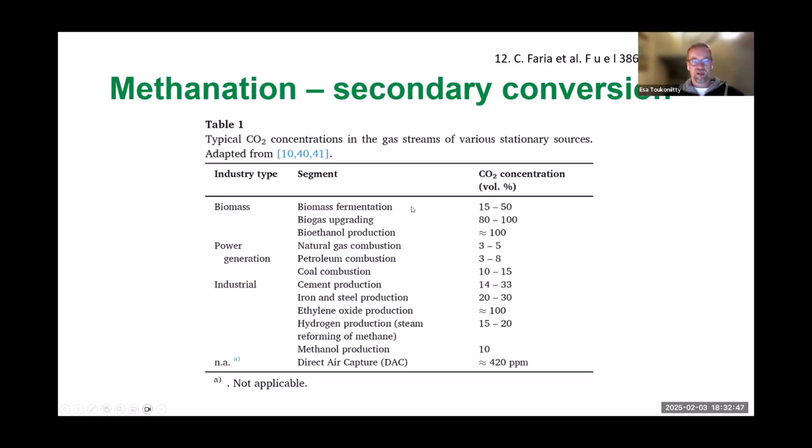And here are other examples of processes or industries that emit or produce carbon dioxide. In this sense, the carbon dioxide produced would be collected and utilized as raw material for making methane again, or converting it to methane.